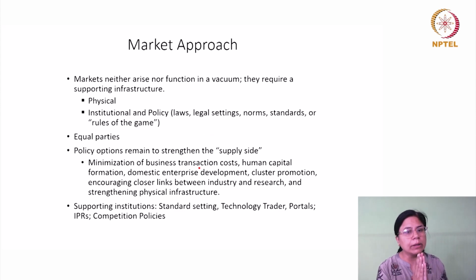So what will happen there? If you take the market approach, the markets will neither arise nor function in a vacuum, right? They will require some kind of supporting infrastructure, maybe physical infrastructure.